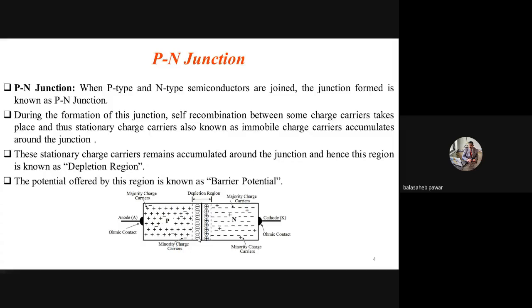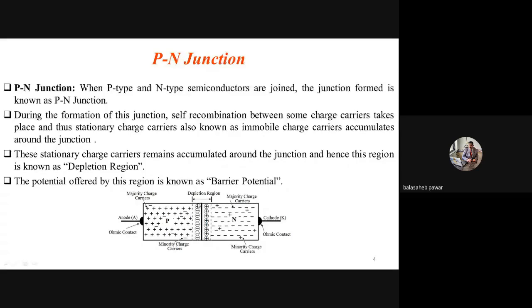As they are immobile, they also have the property that they do not allow the remaining charge carriers to self recombine. The remaining majority charge carriers from the n side as well as from the p side are also trying to recombine with the opposite ones, but a wall has already been formed by the stationary charge carriers.